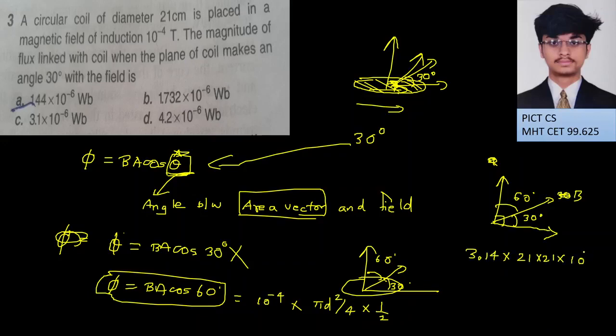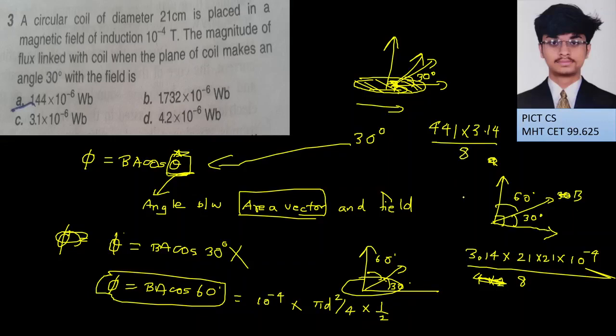So it's 10 raised to minus 4 whole upon 4 into 2, which is 8. Alright, so all we have to do now is basic calculations. We got in the denominator 4 into 2, which is 8. Alright, so 21 square we all know is 441, into 3.14 by 8.